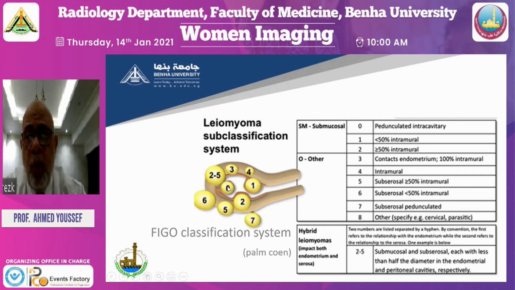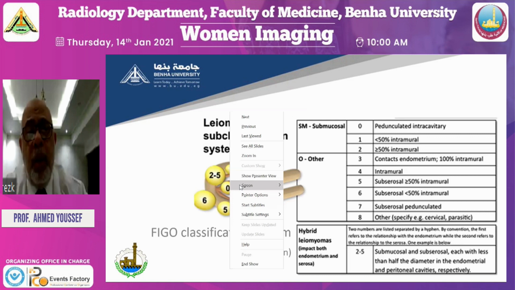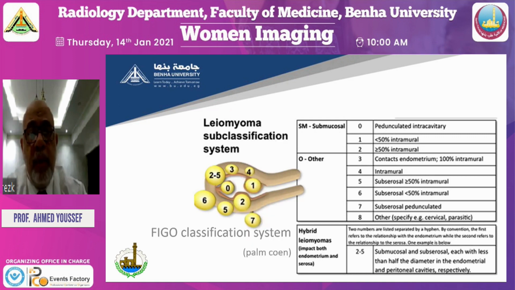Either it is 0, which is a pedunculated intracavitary. 1, when there is more than 50% of the myoma present inside the uterine cavity. 2, when there is less than 50% of the myoma inside the uterine cavity.